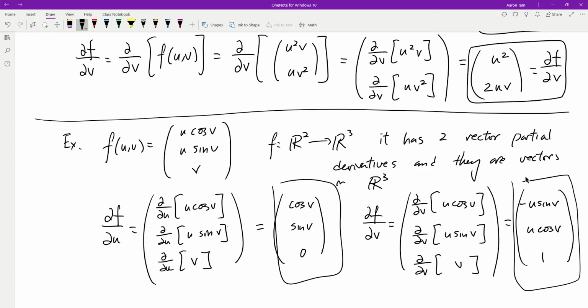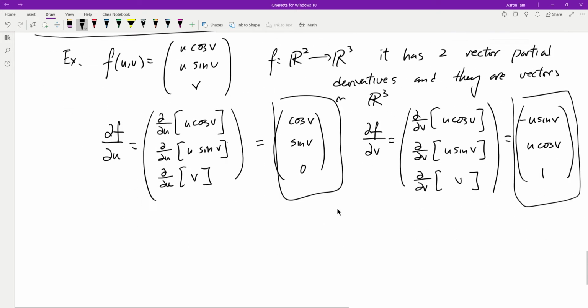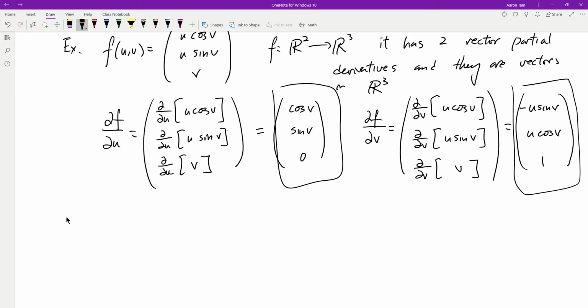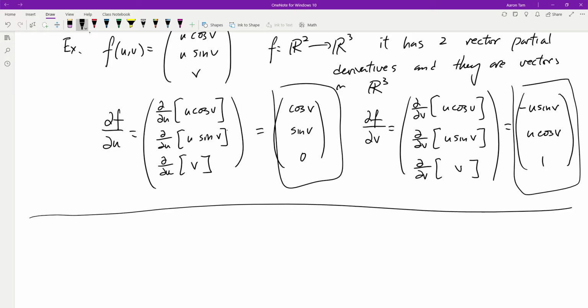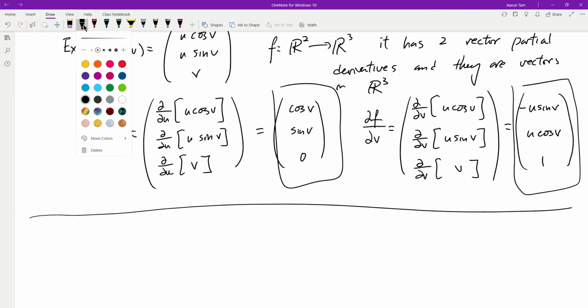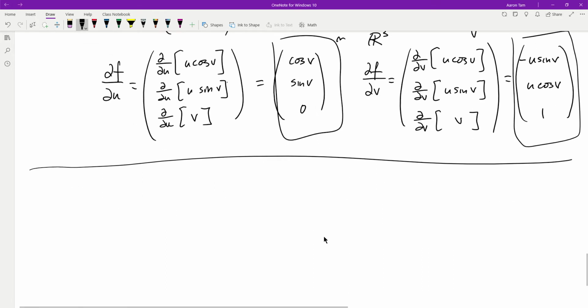Now that we have an idea of how to figure out the vector partial derivatives, what do they actually represent? If you think about it, it should make sense the following way. Whenever we do a partial derivative, what we basically do is keep all the variables fixed except one. So consider the following. Let's say given a function f that maps from Rn to Rm.